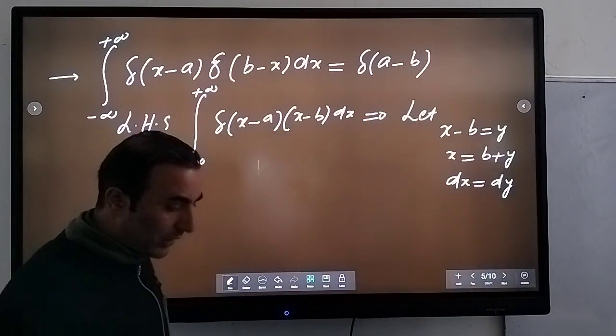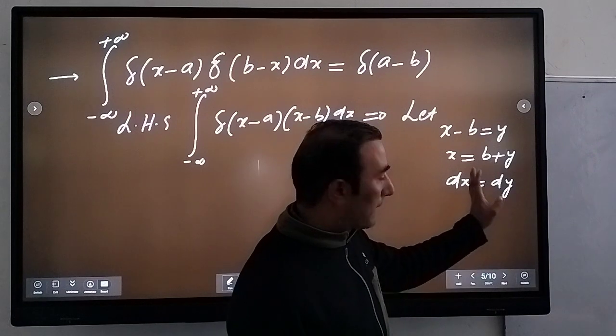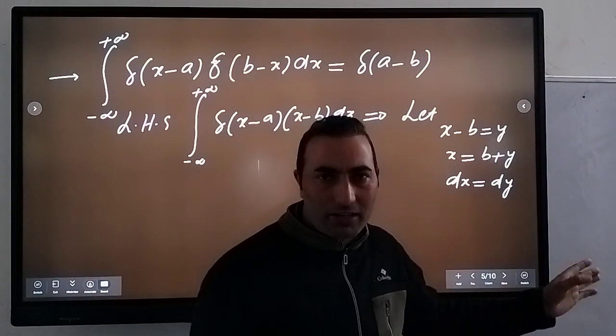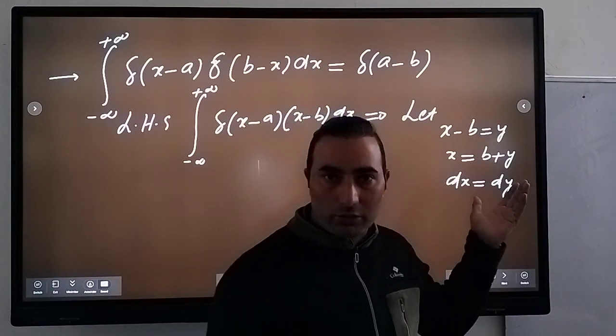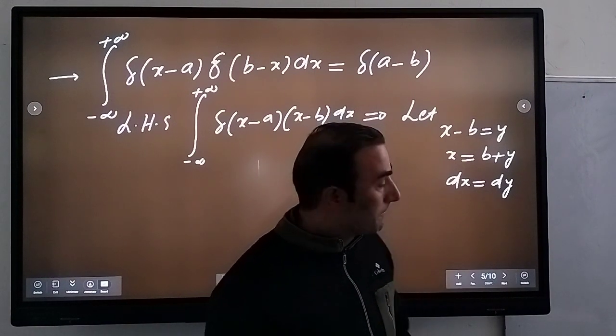Okay, so we are doing some substitution here, that is x minus b equal to y, or x equal to b plus y. So limits remain the same, because limits are going from minus infinity to plus infinity, so it doesn't matter. So limits remain unaffected, right?